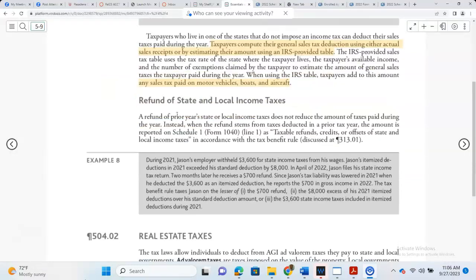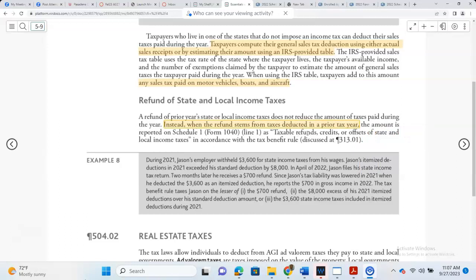Okay, let's talk about refund of state and local income taxes. A refund of prior year's state or local income taxes does not reduce the amount of tax paid during this year. Instead, when the refund stems from taxes deducted in a prior year, that means if you itemized the prior year, the amount is reported on Schedule 1 as income.